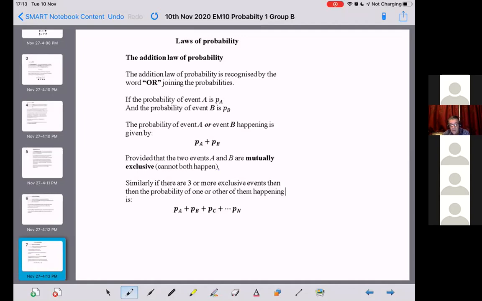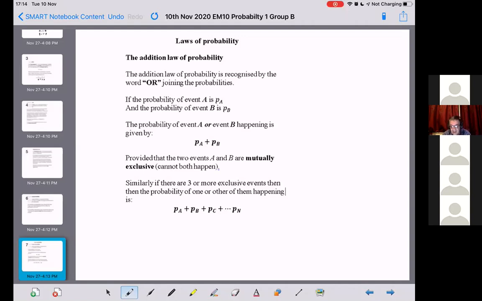Provided that the two events, A and B, are mutually exclusive, i.e. they cannot both happen. If you think about a coin, the probability of head or the probability of tail, the probability of one or the other is actually one, isn't it?